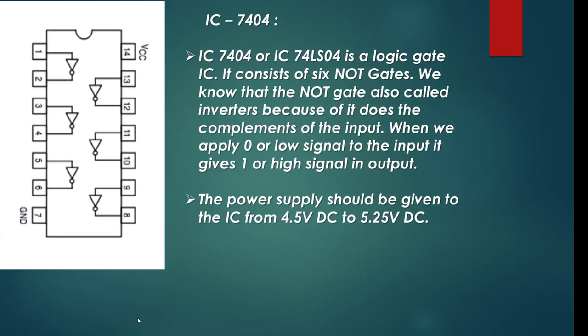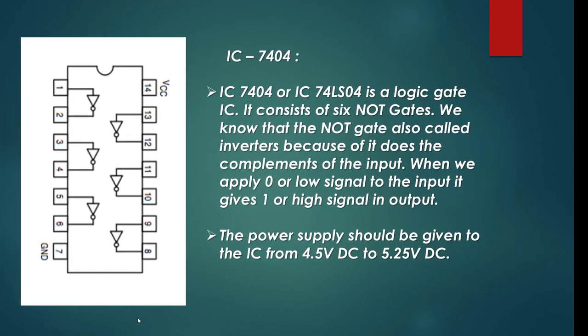Next, IC7404, or IC74LS04, is a logic gate IC. It consists of 6 NOT gates. We know that the NOT gate is also called an inverter because it does the complement of the input.